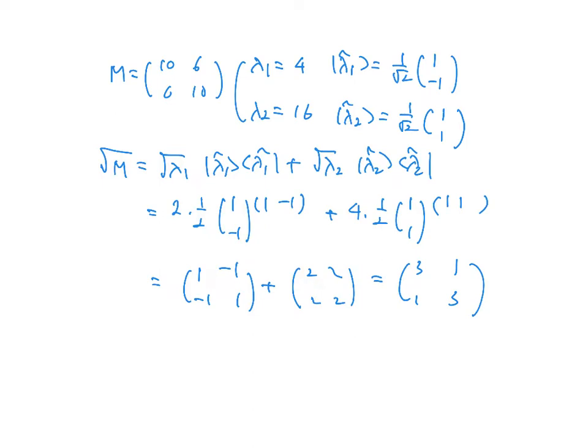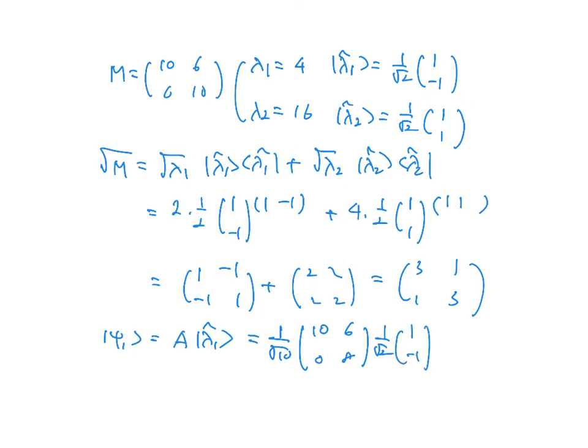And we need to find the unitary matrix, and that can be done this way. Psi 1 is A times lambda 1 tilde, right? So 1 over square root of 20 times (10, 0, 6, 8) acting on (1, minus 1).